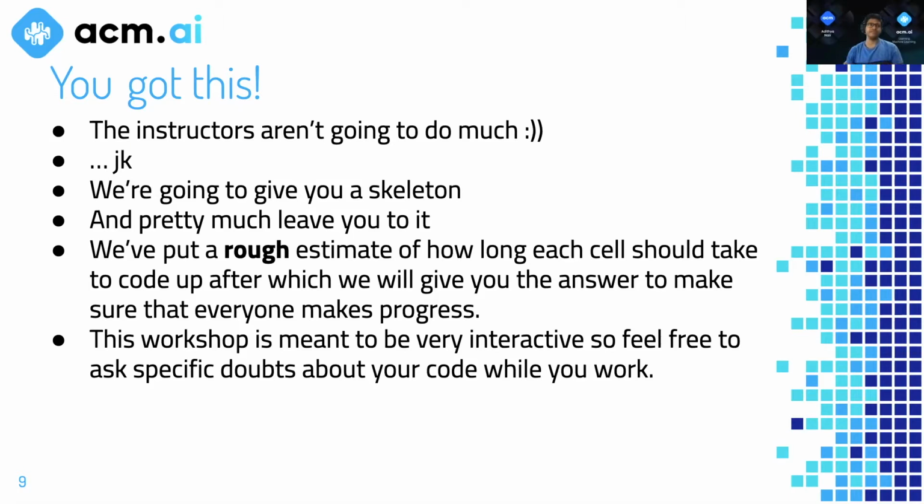We also have rough estimates of the amount of time it'll take you to implement a certain section of the code for the CNN model in different cells in the notebook. That should tell you if you're on pace or not.